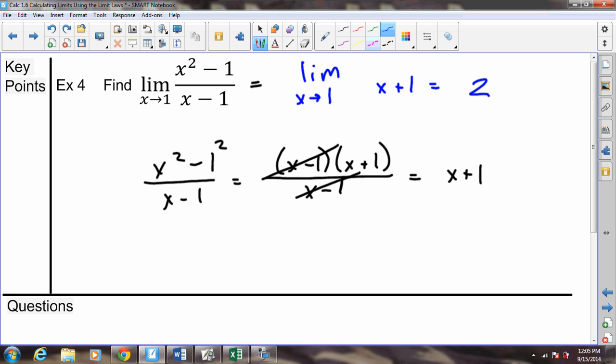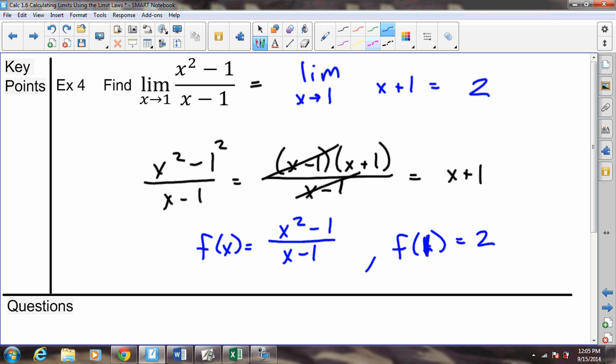Please note, it's common for students to think that if this piece is our f of x, then f of 1 equals 2. I have seen many students write that out.